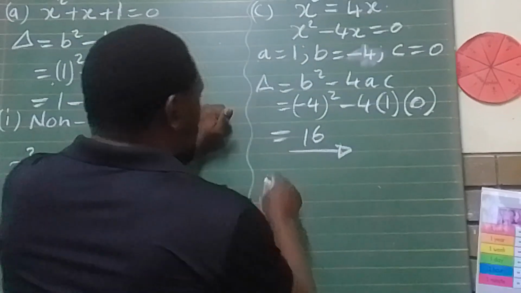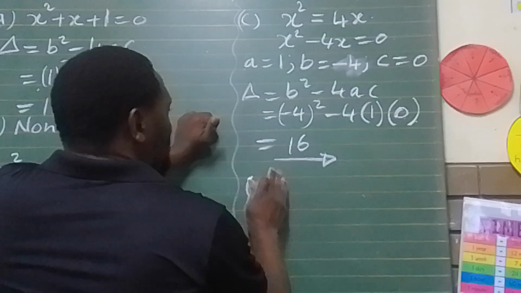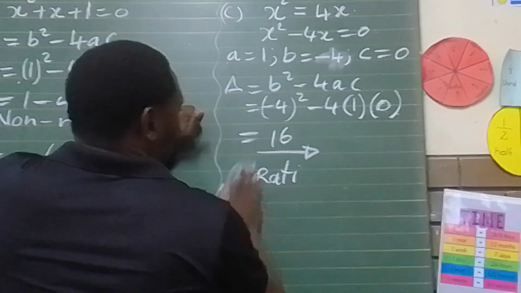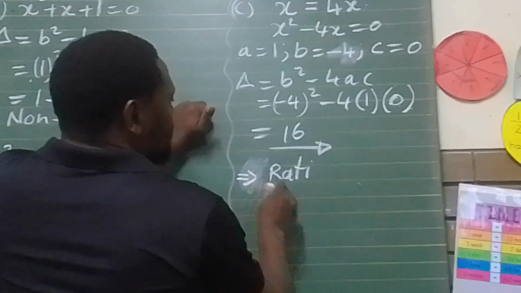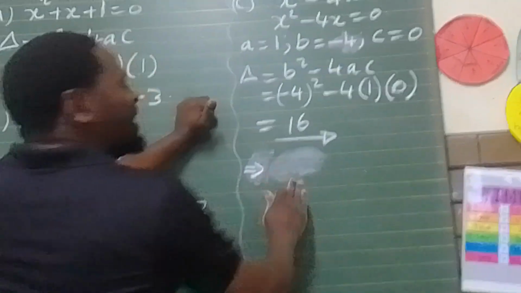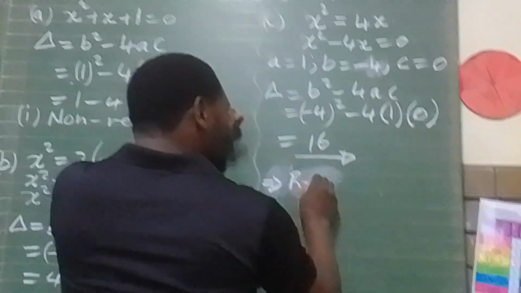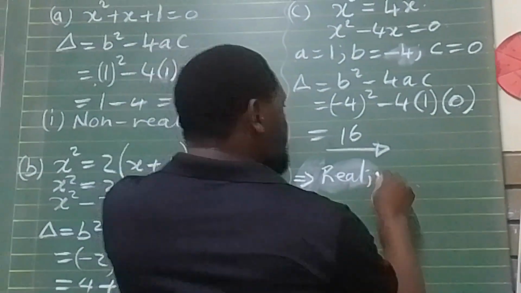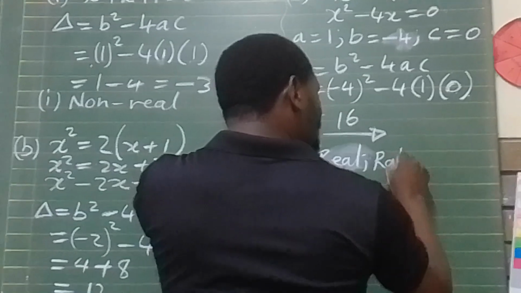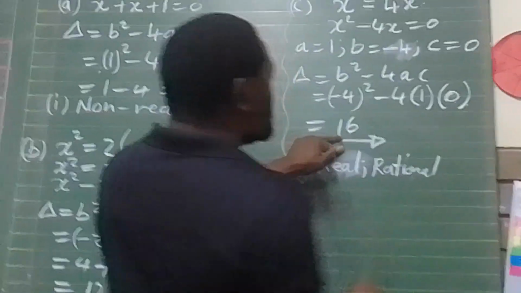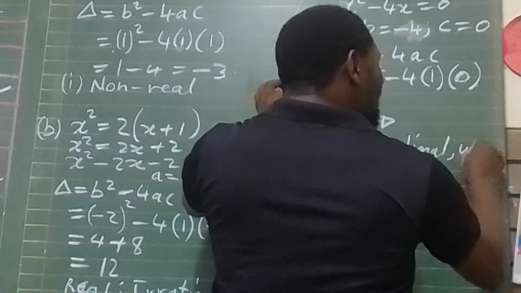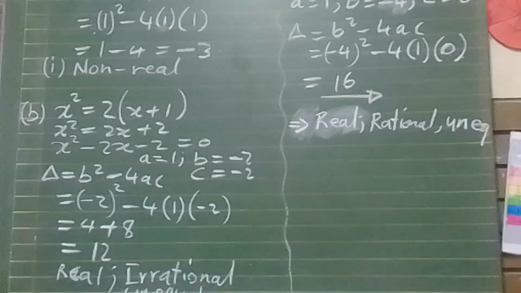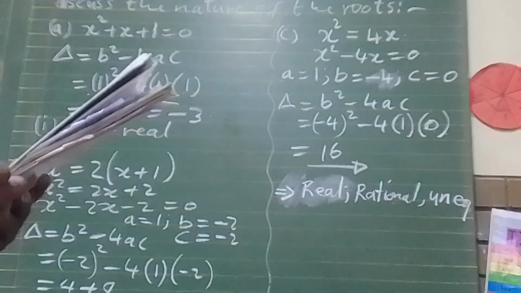So if it is a perfect square, you have a rational. It means that you start with real. The number is real. It's a perfect square, which means that it is rational. Because it is not 0, it is unequal.